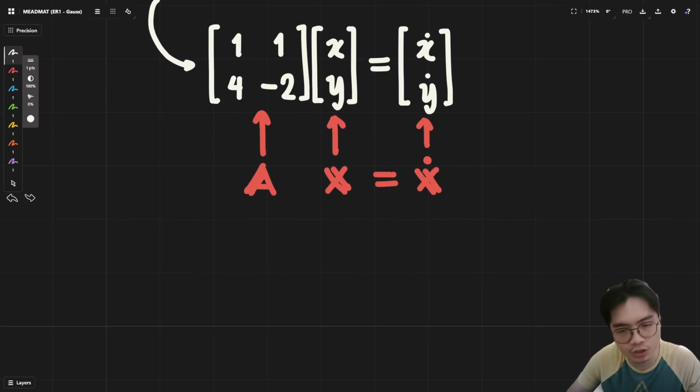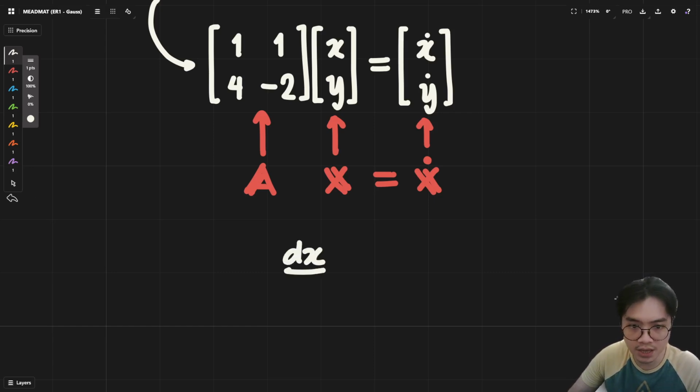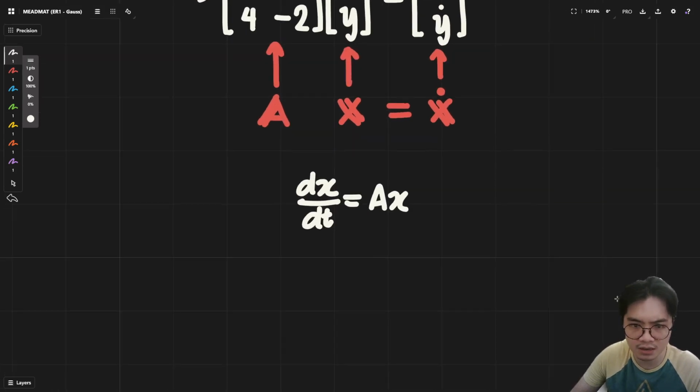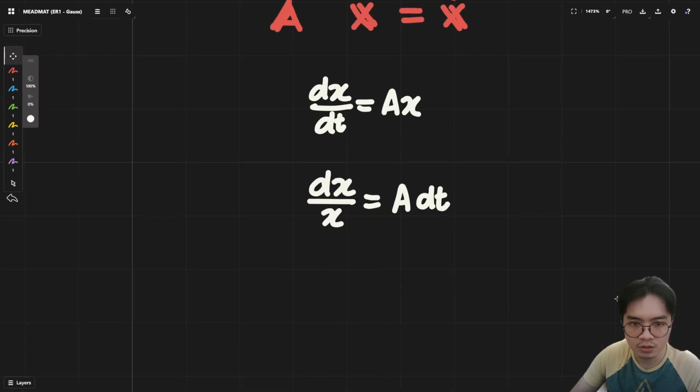If it were just a normal differential equation, you would definitely understand how to do something like this. Say, for example, dx over dt is equal to ax. You would immediately say to yourself, wait a second, this is variable separable. dx over x is equal to a times dt. If you integrate, you will get ln of x is equal to at plus c.